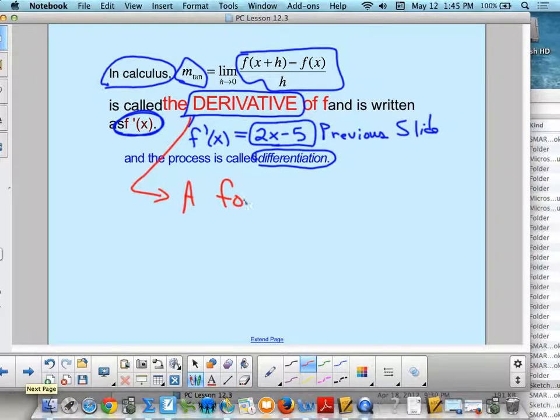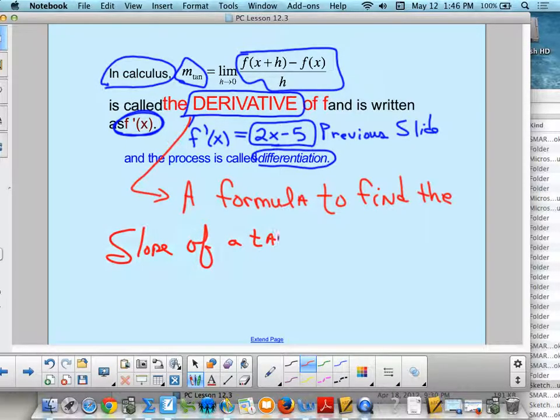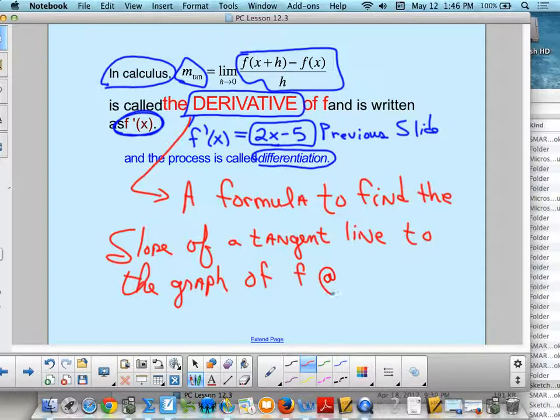The derivative is a formula to find the slope of a tangent line to the graph of f, your function, at the point x comma f of x.